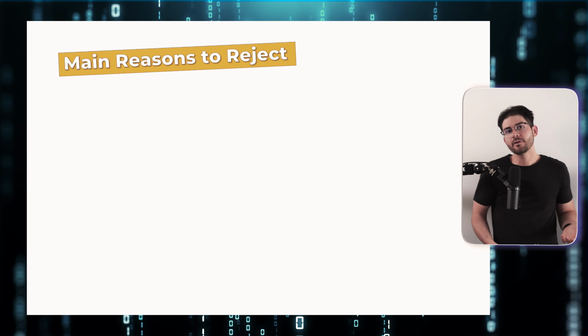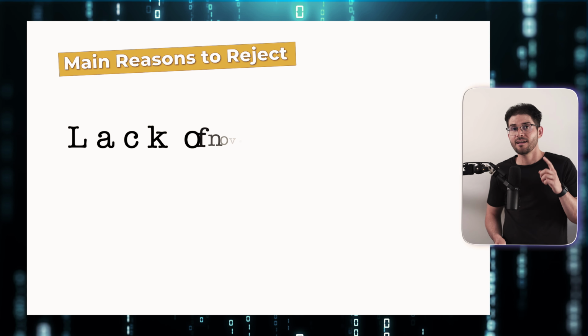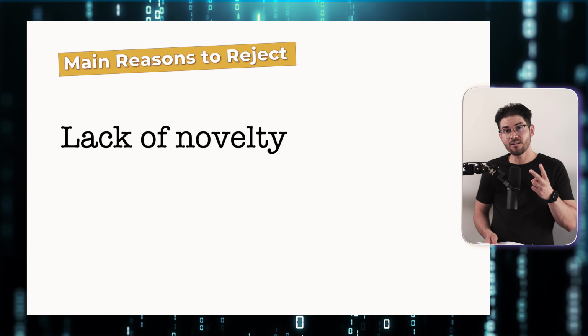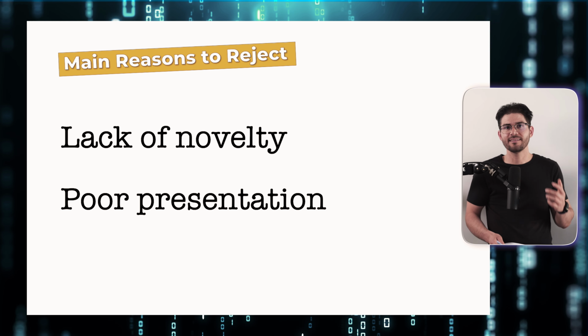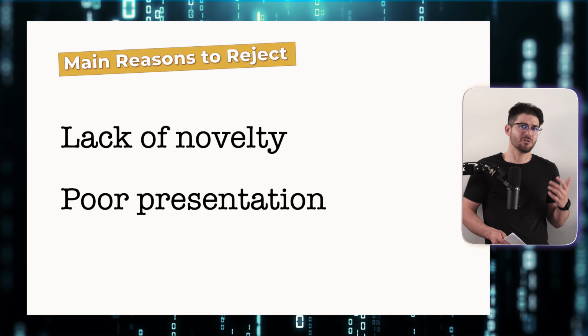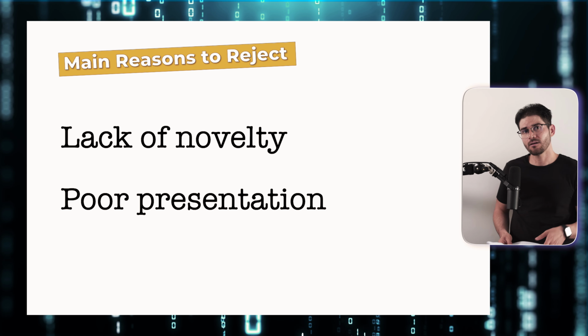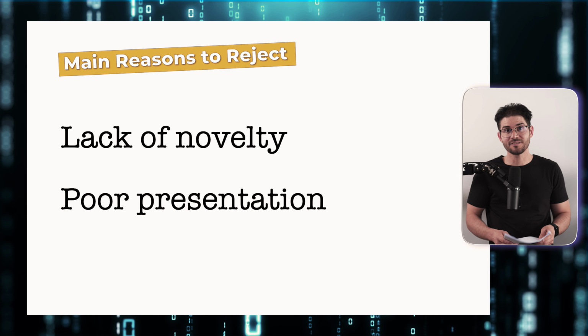So the main reason for me to reject a paper is first, lack of novelty, and second, poor presentation. And I think that fixing the novelty issue is much more difficult for authors, but on the other hand, improving presentation is much easier to do. It is basically putting in extra work.